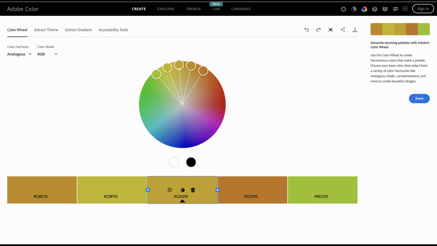The next one is analogous colour schemes. I'm never quite sure how you pronounce that. So analogous, no doubt somebody will correct me. So what these involve is colours that are operating in adjacent areas of the colour wheel.